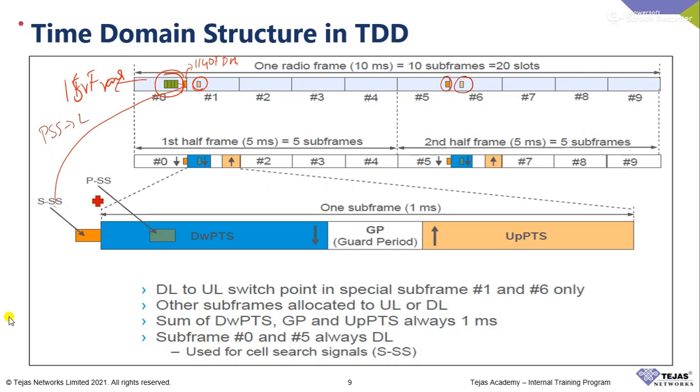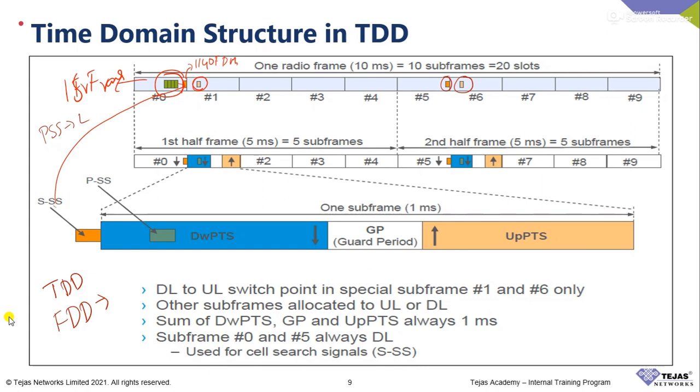With this, a mobile can conclude that if it is not next to each other, that means it is TDD. If it is adjacent to each other, then it is FDD. Okay? That's why the positions of PSS and SSS and PBCH have been changed in TDD and FDD, so that a mobile can clearly understand in which configuration it has latched on.